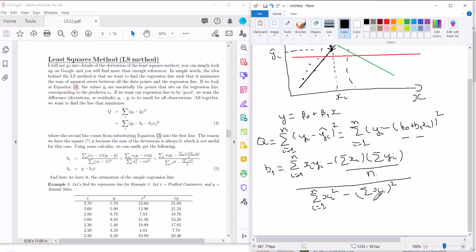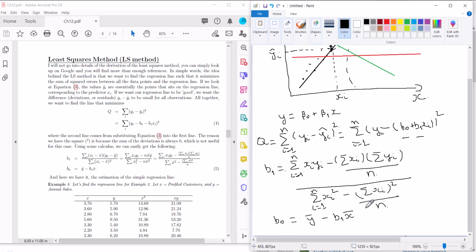So there's quite a difference, by n. So this is the equation for b1. And for b0, it's a lot simpler. For b0, you simply take y bar, which is the average of all the values y, minus b1, the one that we just computed using this formula, times x bar, which is the average of the x values.